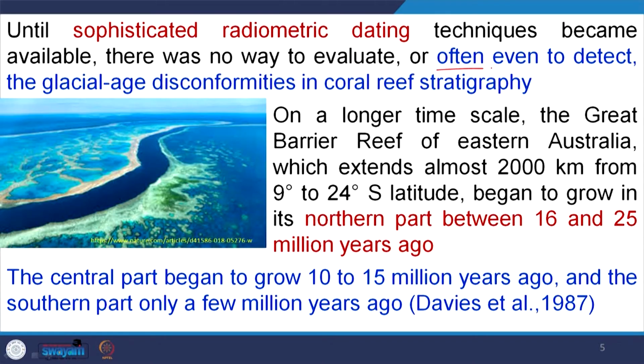Before the development of sophisticated radiometric dating techniques, there was no way to evaluate or often even to detect the glacial age disconformities within this coral reef stratigraphy, because the total system is organically modified. That means we cannot distinguish whether an unconformity exists or not.